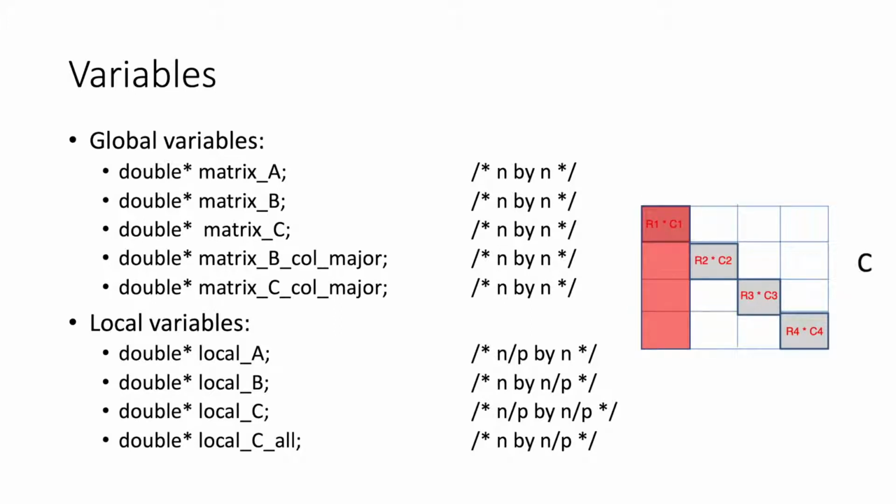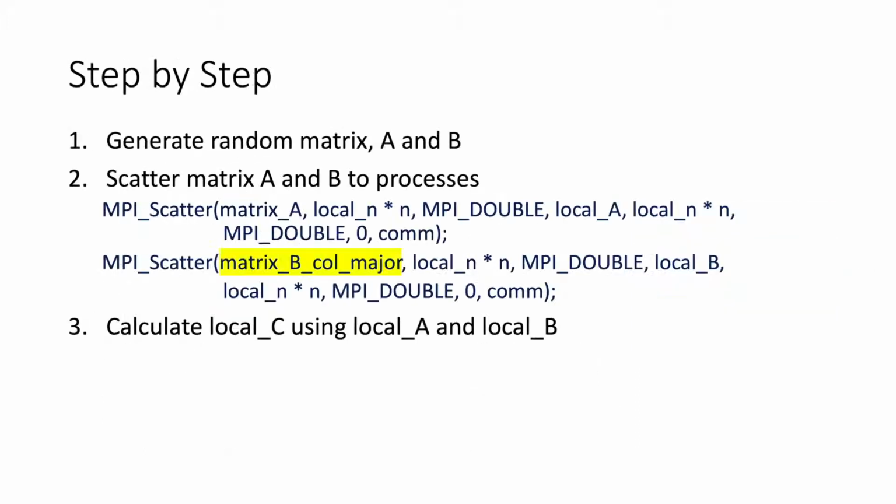Local C all is the aggregation of all the local C's calculated in the process. The basic idea of this program is to calculate local C first, then put each local C into the correct position in local C all, then aggregate all local C alls to get our final matrix C.